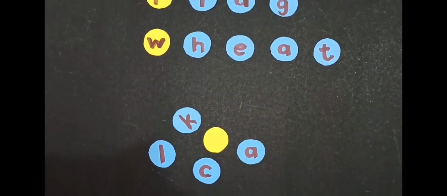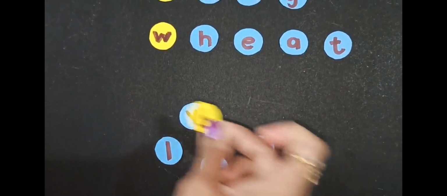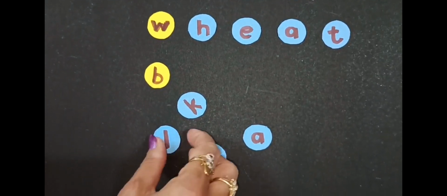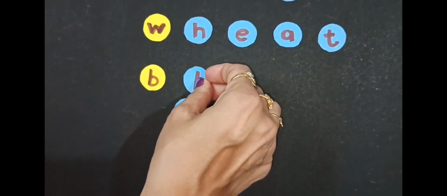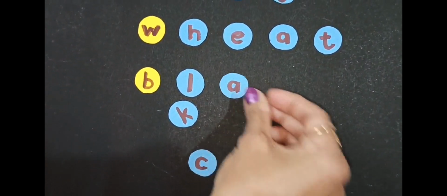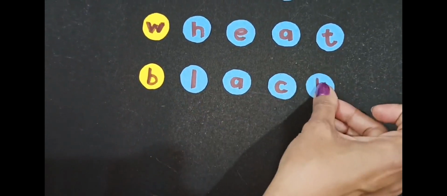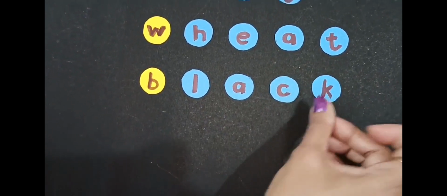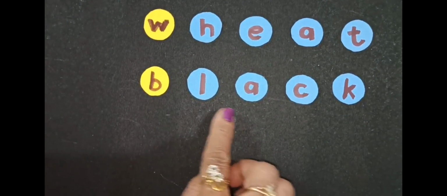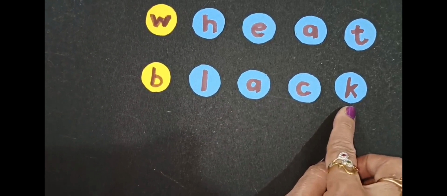Now we will turn the last letter. It's B. So we have to make a word with B. So first place L, then A, then C and K. It becomes black. B L A C K. Black.